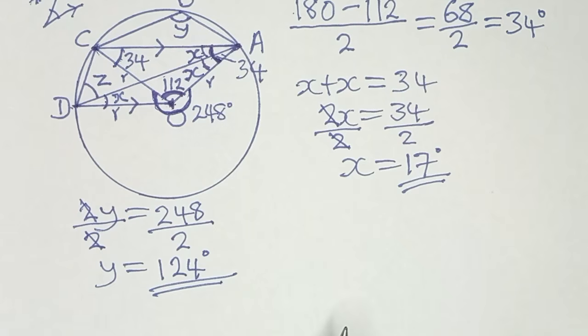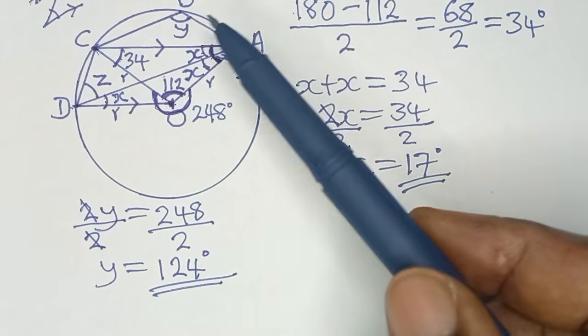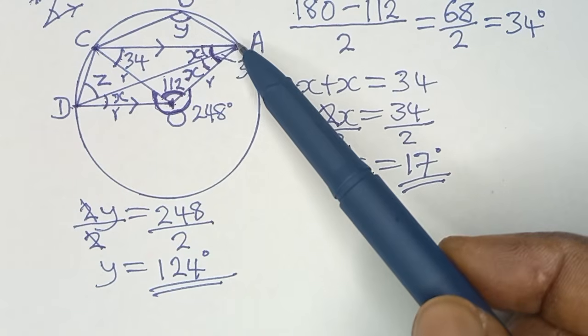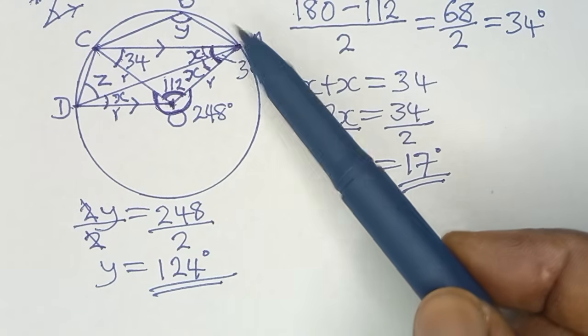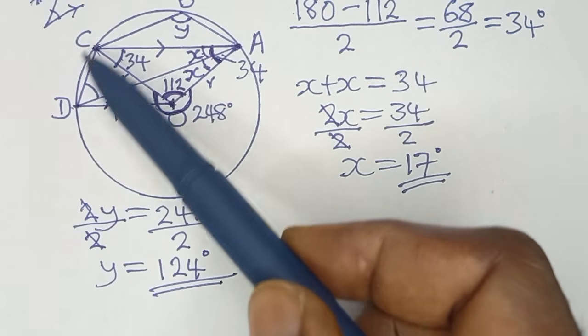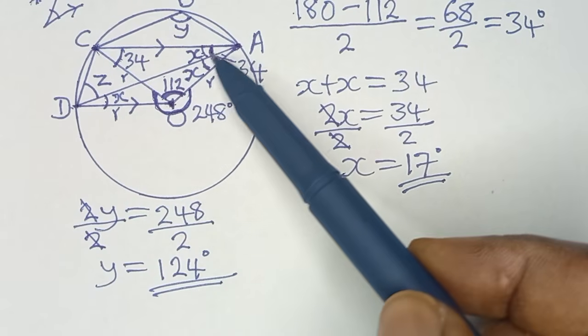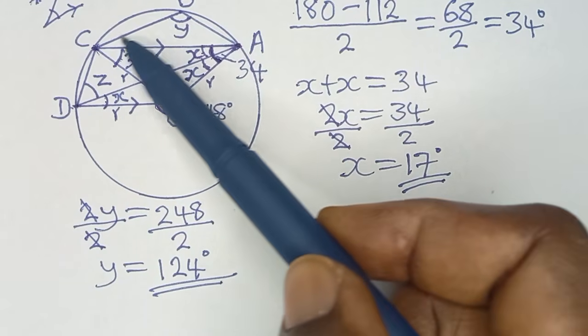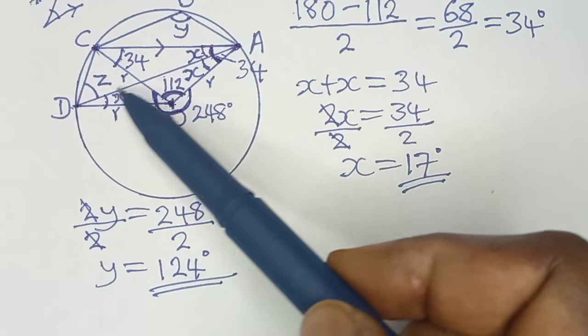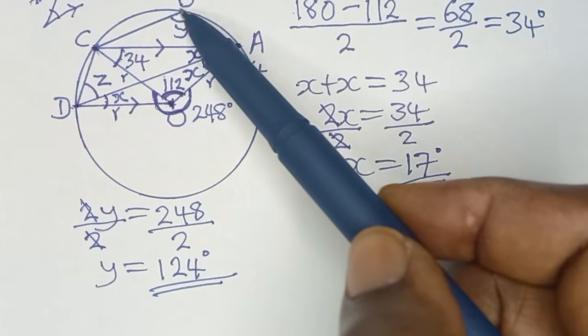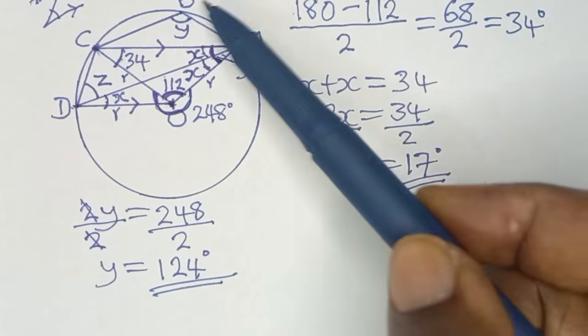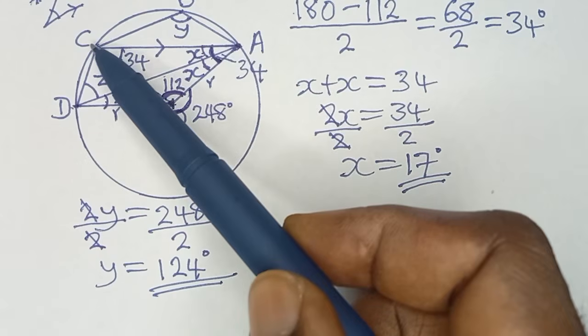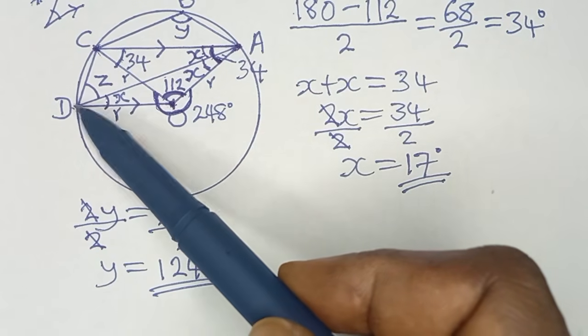Then finally, let's move on to angle Z. If you look at it critically, you see that the diagram A, B, C, D, which is a four-sided figure, has all the angles on the circumference of the circle. A is on the circumference, B is on the circumference, C is on the circumference, and D is on the circumference.